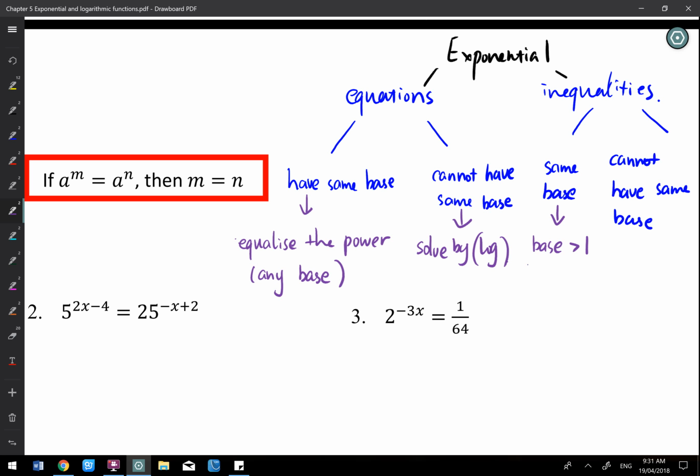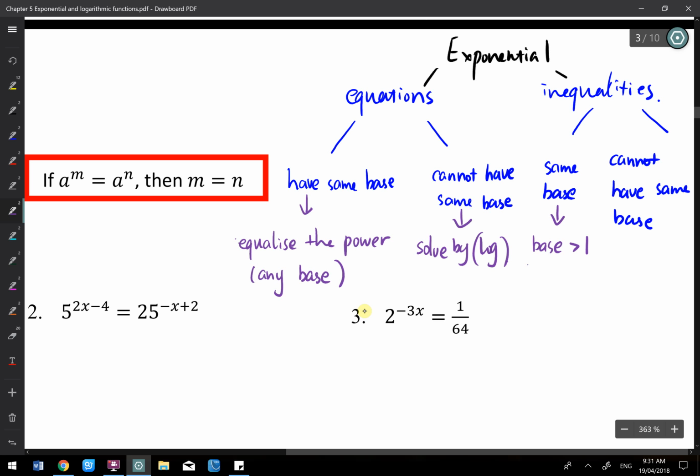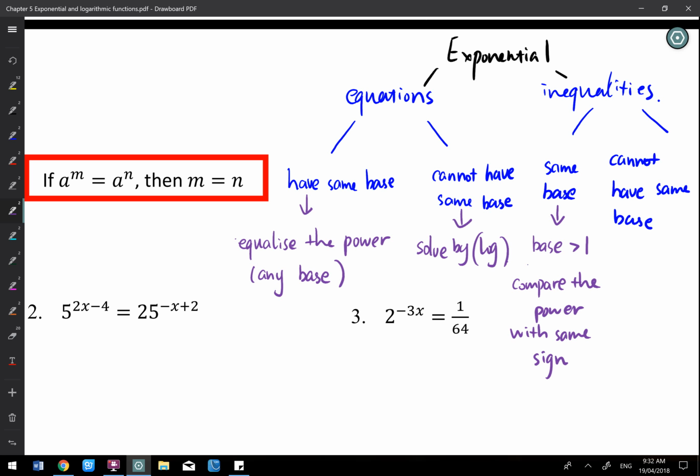So when we have the base greater than 1, for example 3 to the power of x greater than 3 to the power of 2x minus 2, then we can compare the power with the same inequality sign. If the left hand side is larger, the right hand side is smaller, we still have the same inequality sign for the power. But the requirement is the base must be greater than 1.